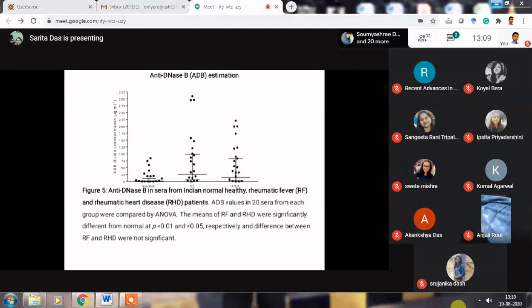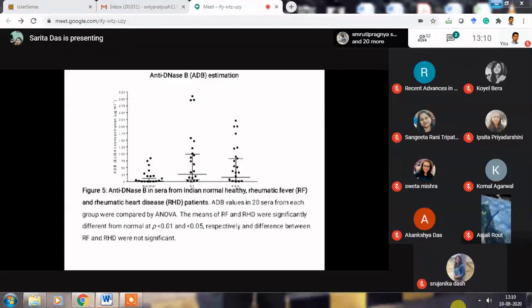Next, using our recombinant antigen, DNase B, in ELISA format, we screened several serum samples which were collected from different countries. This work was conducted in the University of Minnesota microbiology department.